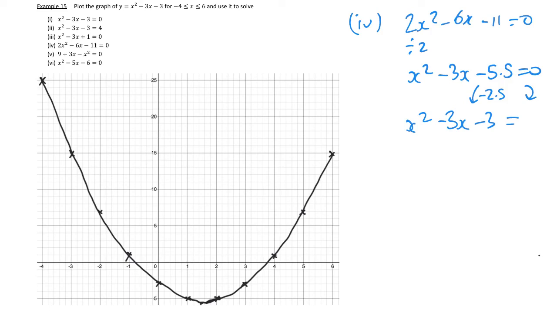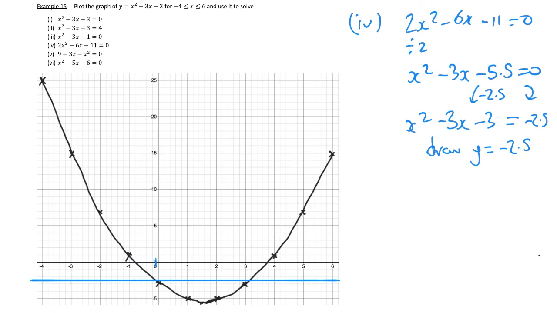We get minus 2.5. So we need to draw y equals minus 2.5, which is a horizontal line passing through at minus 2.5. We get corresponding x values of minus 0.5 and 3.1.